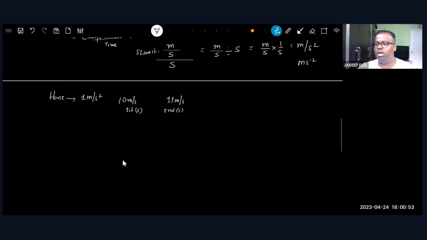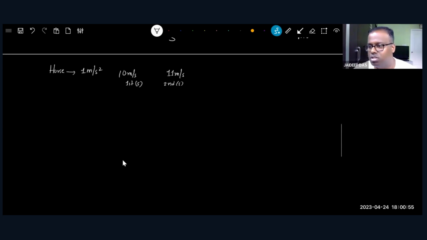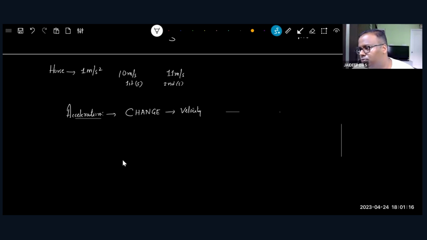Now, this will open up Pandora's box. What is the Pandora's box? I told you that the moment you hear about acceleration, the first word that should come to your mind is change. Sir, what is changing? Velocity is changing. It means if you want to calculate acceleration, you should have two data of velocity.